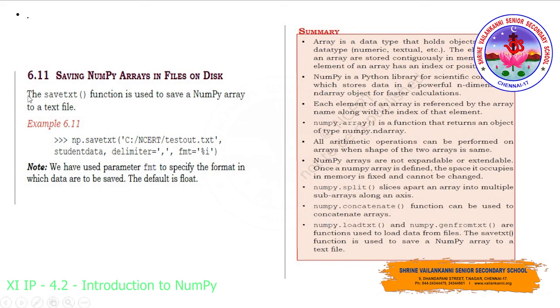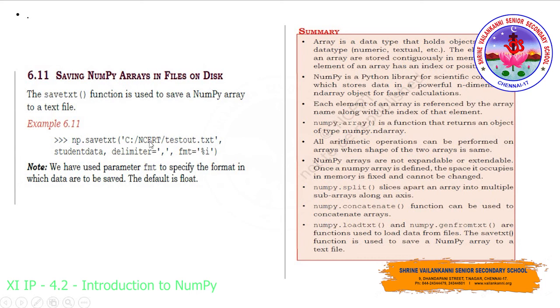So to work on this, we make use of the savetxt function. What we have done so far is load values from a text file into a numpy array, right? Loading text from files, that is what we have discussed so far. But now, from the array itself, how to save it as a text file, that is what we are going to discuss.